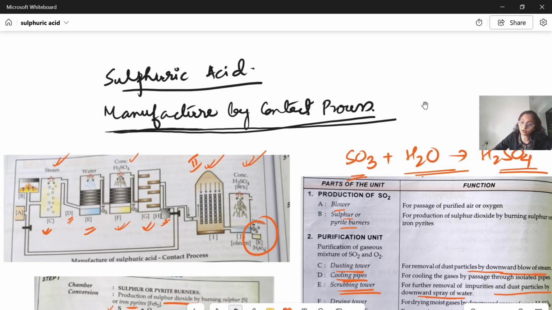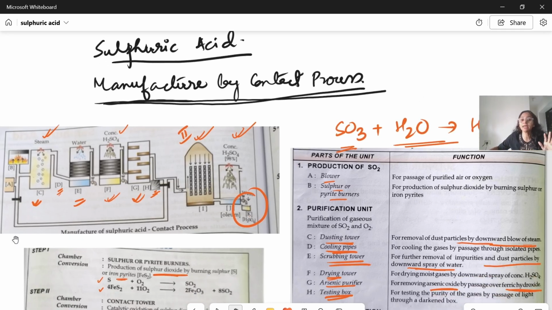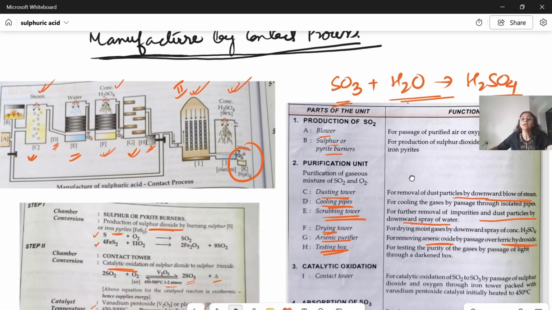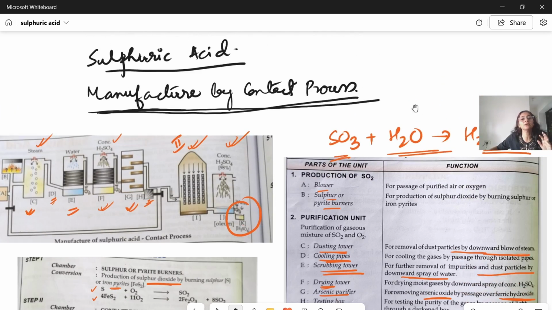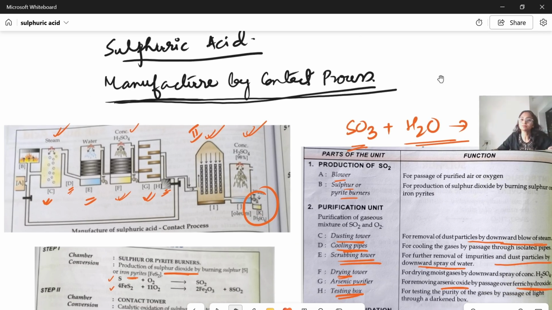You could understand what the contact process is. The diagram of the contact process is crystal clear to you. How the gases are purified through different chambers, I hope it is clear to you. And once you read by yourself, or if you have already done the reading, it will help you remember what you have read and understand the chapter better.